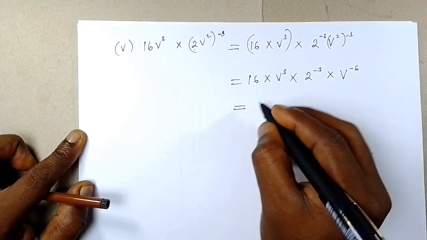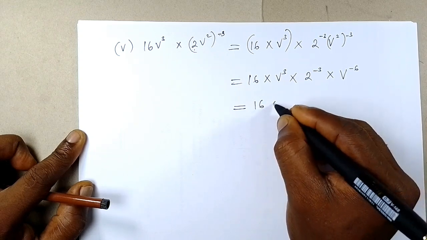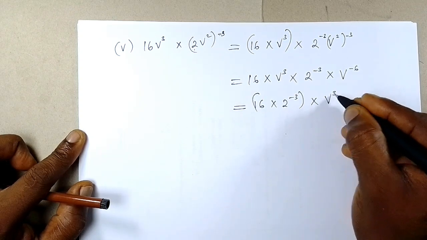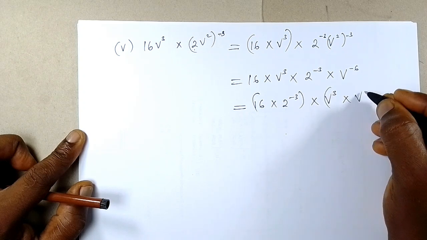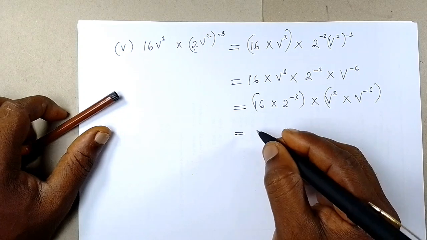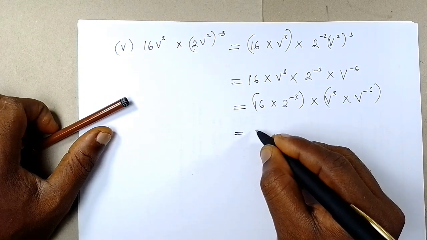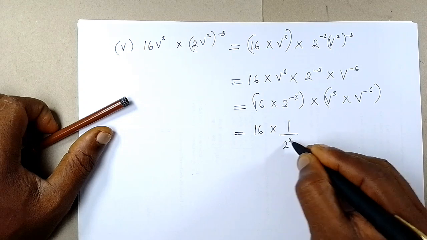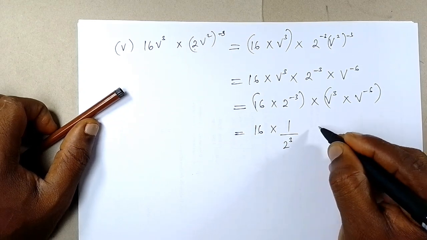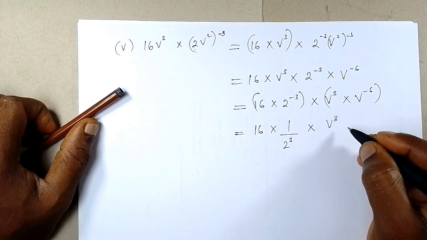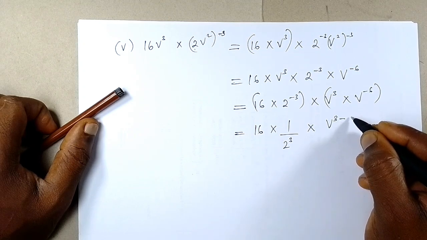Now I'm going to take numbers to numbers. So this will be 16 times 2 raised to the power minus 3 times v cubed times v raised to the power minus 6. Simplifying this, I would have 16 times 1 over 2 raised to the power 3 by the law of negative index, and times v cubed times v raised to the power minus 6 by the addition law.